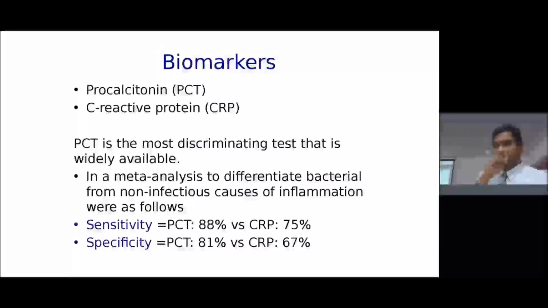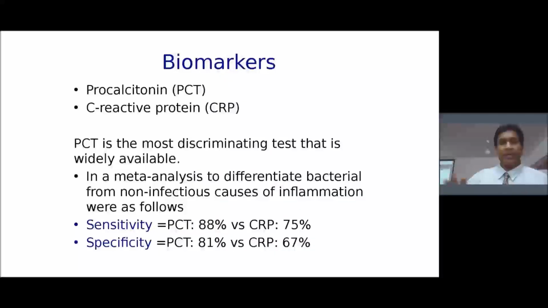Right, then biomarkers, procalcitonin and CRP. Okay, so if you look at the procalcitonin, the sensitivity and specificity appears to be slightly better than with CRP. Okay, and if we have procalcitonin available, we don't have it available in the state sector, isn't it?